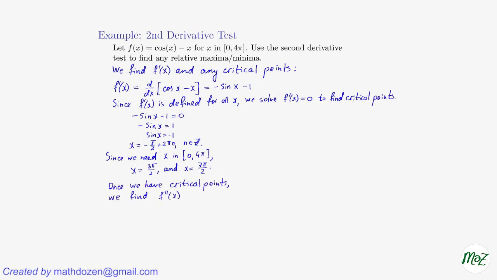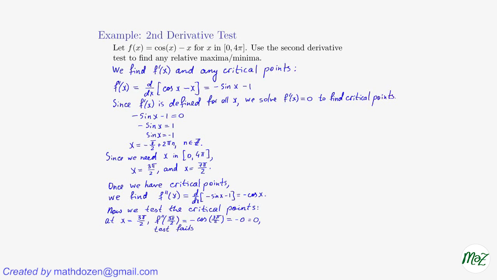And once we have those critical points, we look for the second derivative. That's the derivative of negative sine x minus 1, that's negative cosine x. And we test those critical points. At x equals 3 pi over 2, the second derivative is negative cosine of 3 pi over 2. That's negative 0, which is 0.